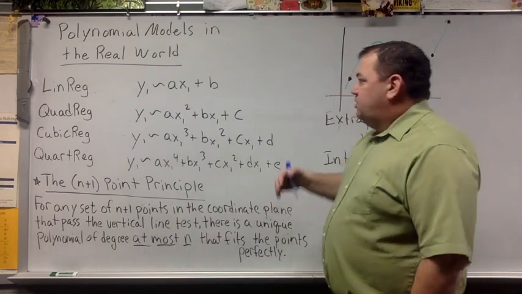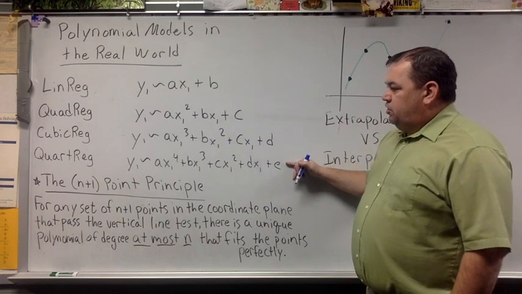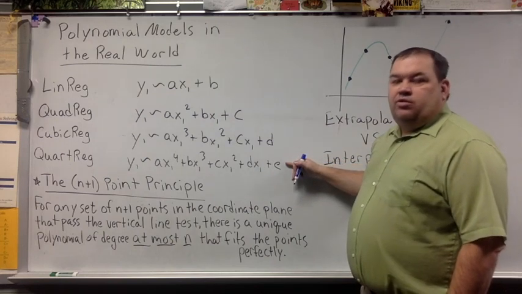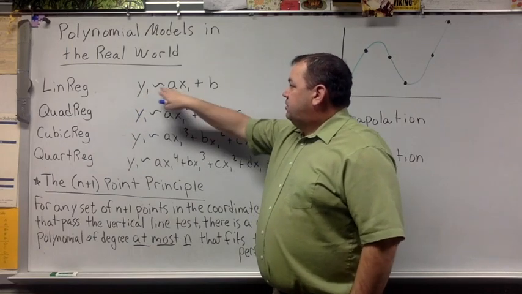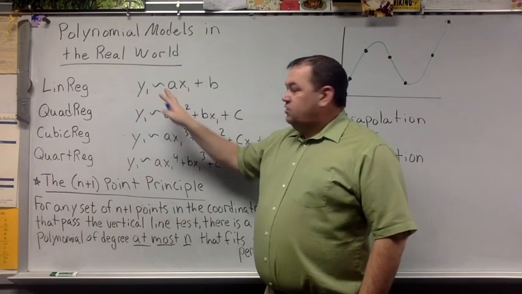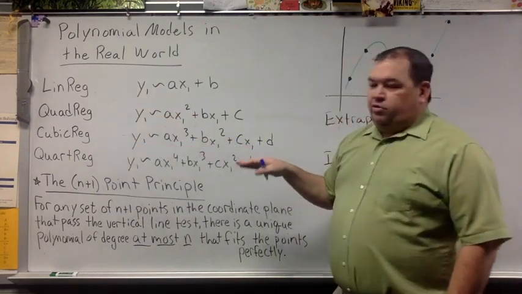If you're using Desmos, these are the equations you're going to want to put in, referencing your data points. That's what this is doing. It's referencing your data points and coming up with that best line. So depending on what technology you're using, these are your choices.